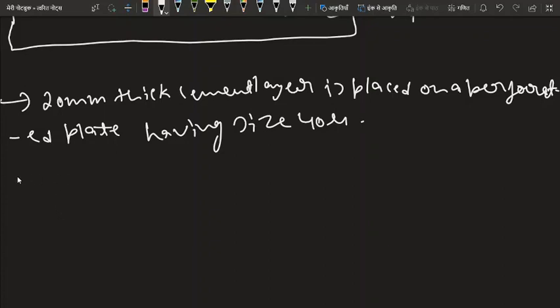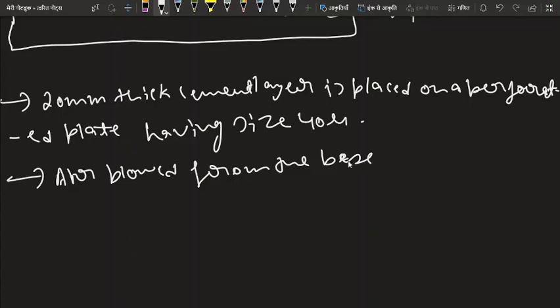From the base of the perforation, air is blown.